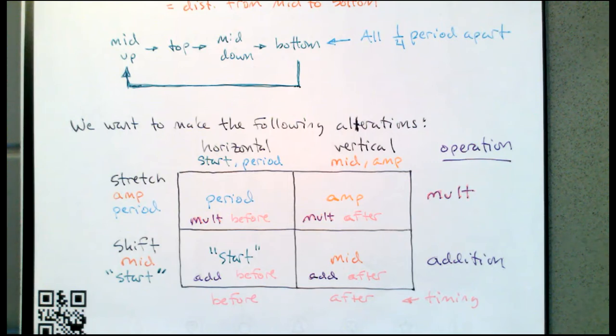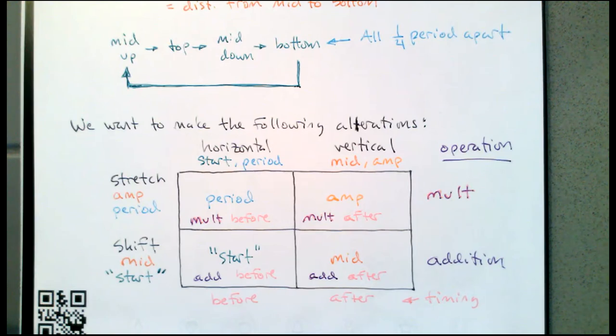I want you to think vertical versus horizontal. I want you to associate multiplication with stretches and addition with shifts. I want you to associate before the trig function with horizontal, after the trig function with vertical. So this is how we keep things organized.